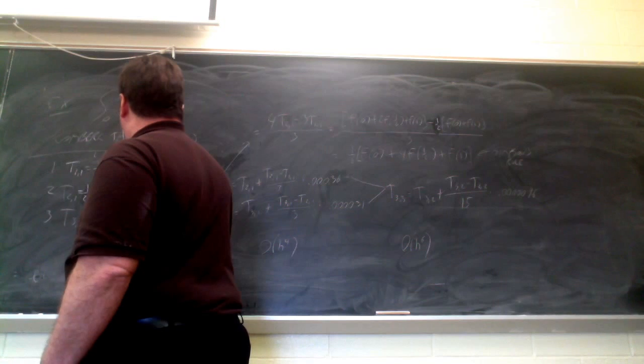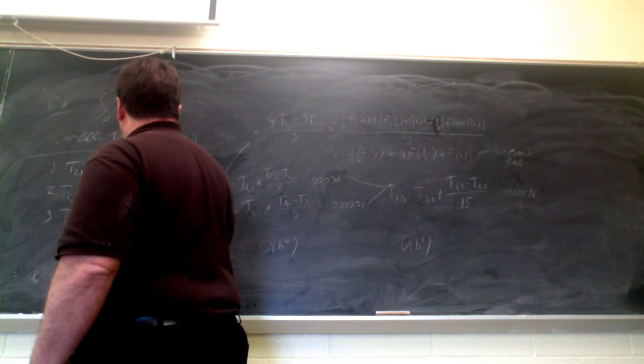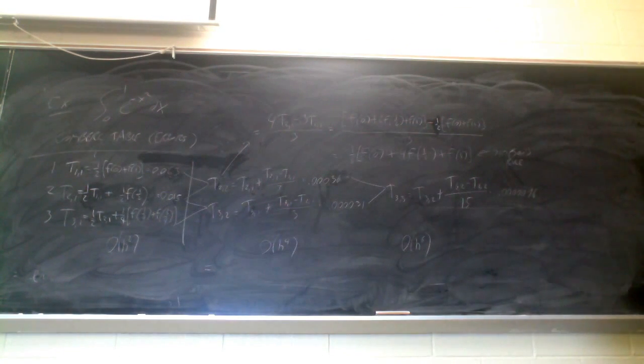So what we see here is what are the new values being added in to improve, to avoid wasteful computation. Okay, so any questions about how Romberg integration works?